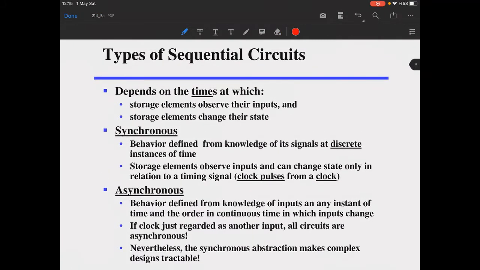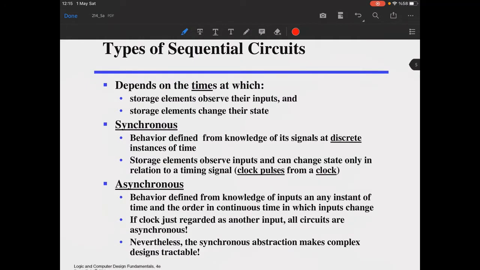Okay. What kind of sequential circuits do we have here? It depends on the times at which the storage elements observe their inputs and change their state. Like, when do we update our state? That's the idea. If you're talking about a synchronous sequential circuit, the updates occur at discrete instances of time.